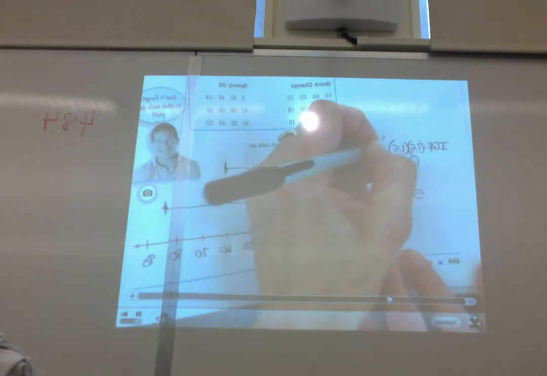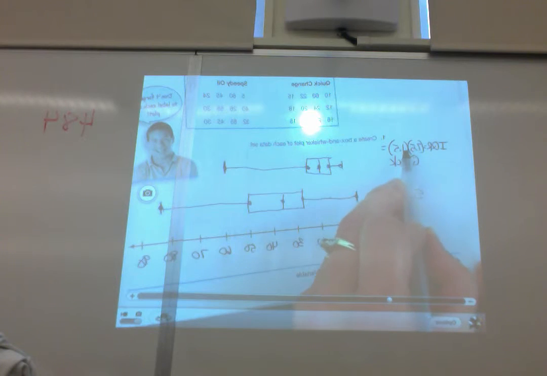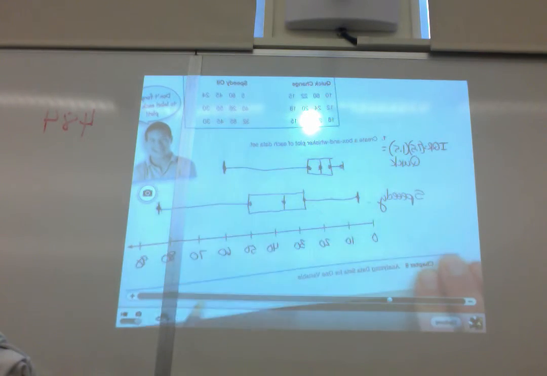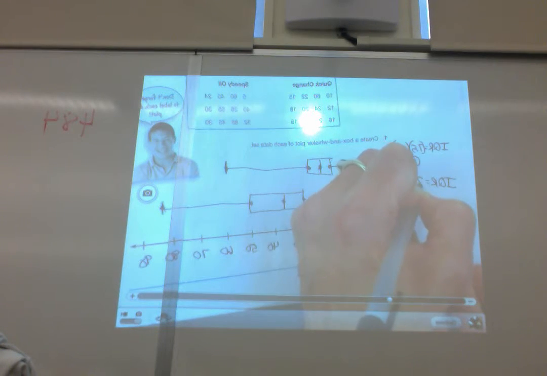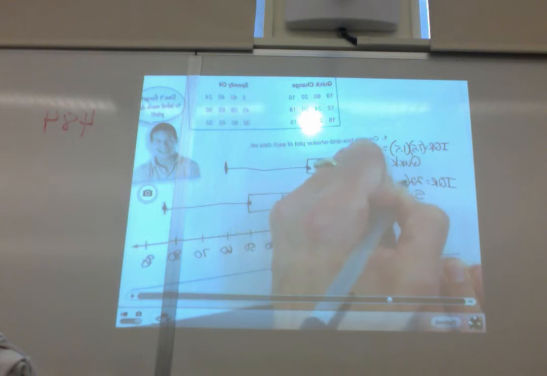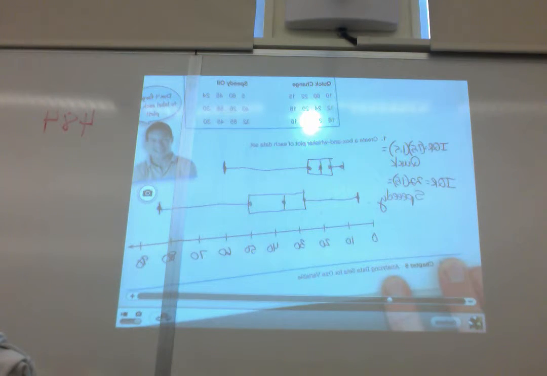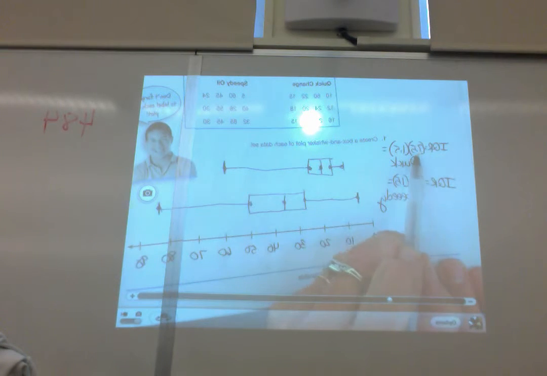Somebody with a calculator, take 7.5 and multiply it for us. And Speedy, we said its IQR was 22. We're going to times that by 1.5. We used our eyeballs to find our outliers, but this is how mathematically you do it. 7.5 times 1.5. Did somebody get that?